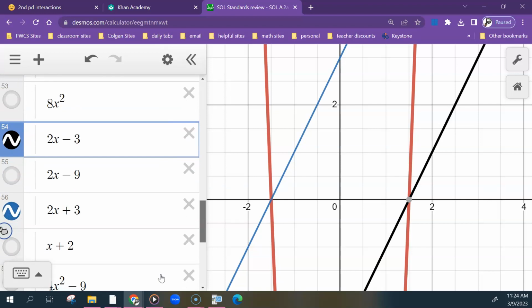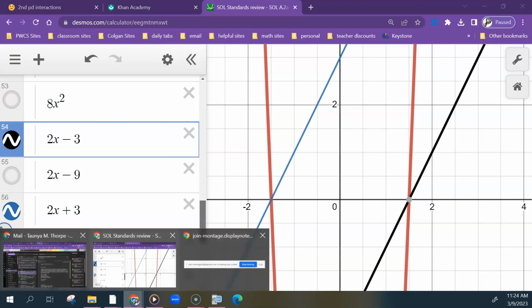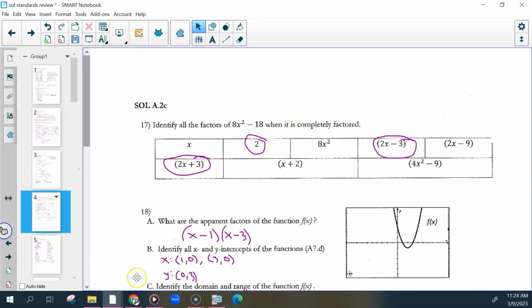You could find those using Desmos. The other one is something you would have to know how to find. When we get into factoring, we'll talk about how these can both be divided by 2, which is why that is also a factor. Okay. Questions on that one?